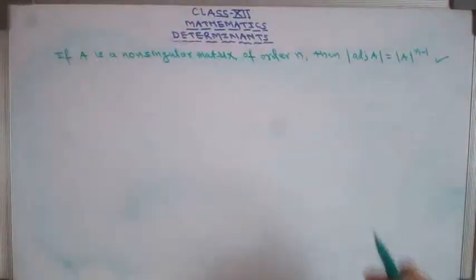This is the result. Many times there may be MCQ type questions or short answer questions in the examination. Try to find the answer by using this. Sometimes they ask to find n, the order of the matrix. So we can see the proof of this.